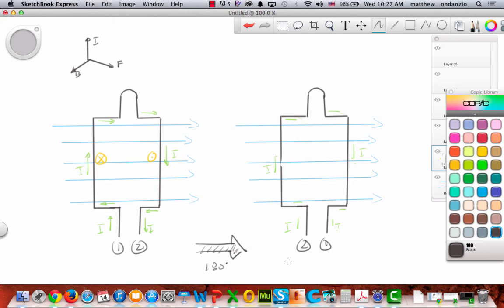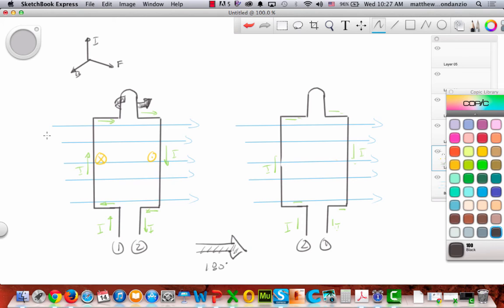It's going to want to flip all the way around, so it's going to want to do a rotation like this, right?